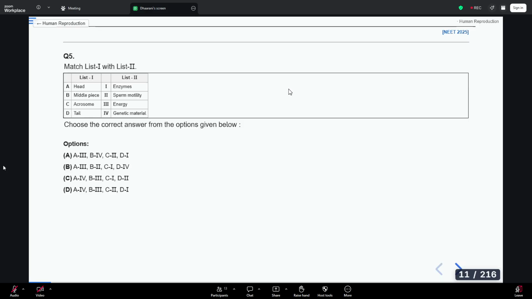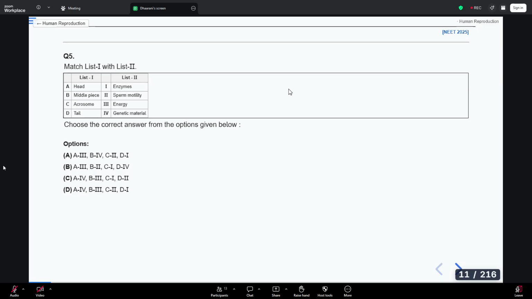Acrosome releases enzyme, that is fine, but what is acrosome? I'm asking. So Saksham has given an answer: a structure covering the head. Okay. So you can see a small cap-like structure that covers the head of the sperm. So that is acrosome. Okay, good. Acrosome is a cap-like structure.